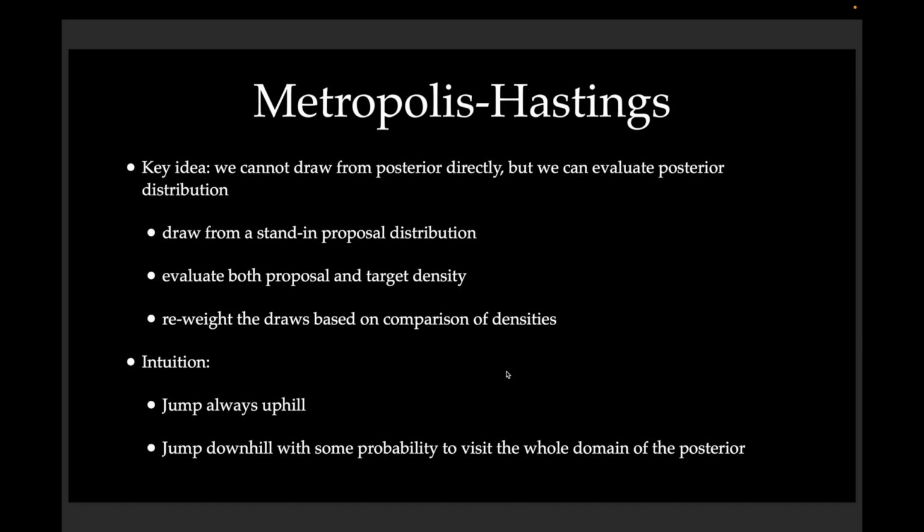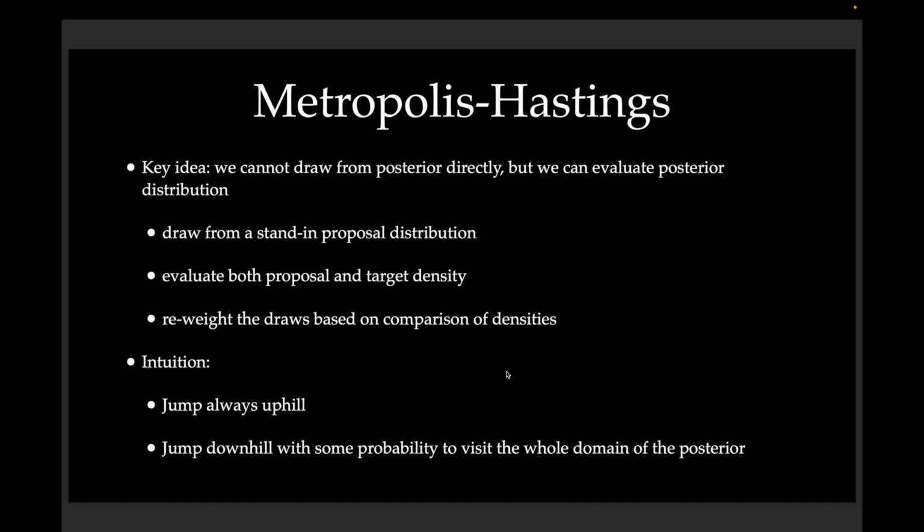The idea is, let's use a stand-in distribution, some other easy to draw from distribution, a so-called proposal distribution, get random draws from that one, and then evaluate both your proposal and your target posterior, your target density, and then have a formula to make a decision: how much weight does this draw get in the distribution.